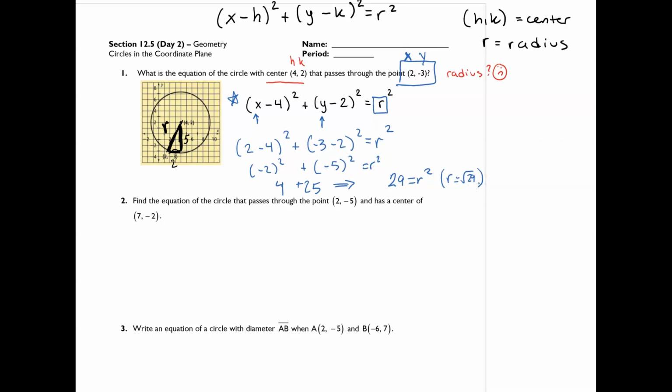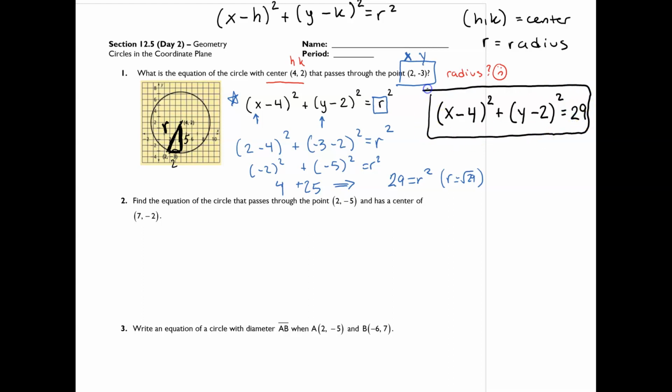It is not a nice number. But since we're only coming up with an equation as our final answer, we're actually not even going to need that square root of 29. Our final answer is going to be x minus 4 squared plus y minus 2 squared equals 29, because that is our radius squared.